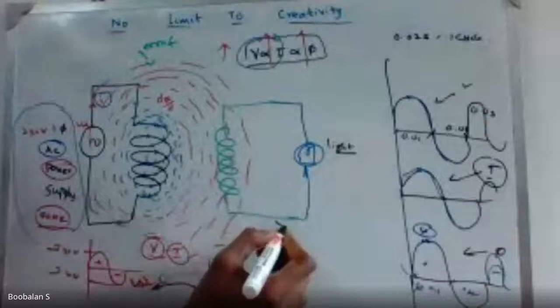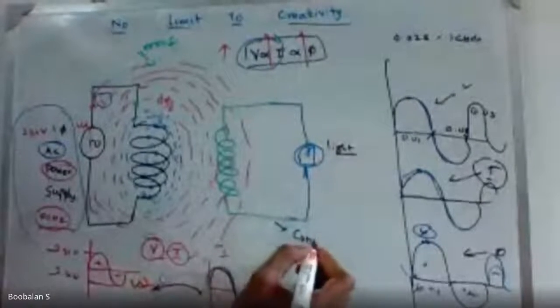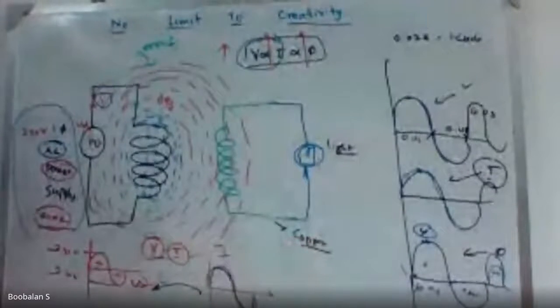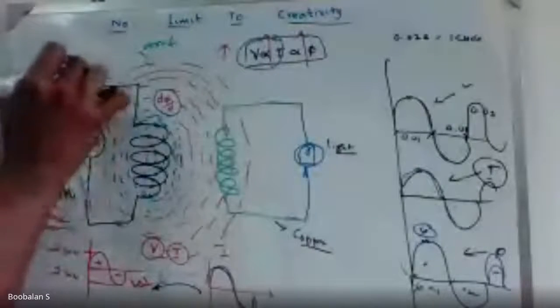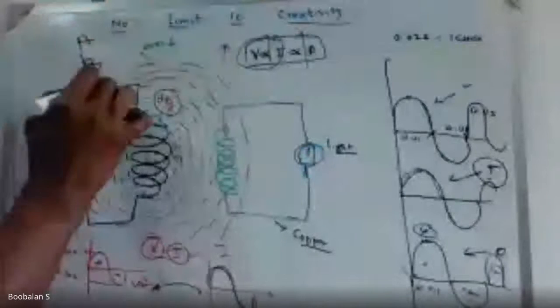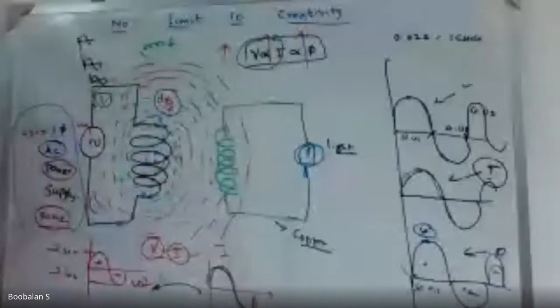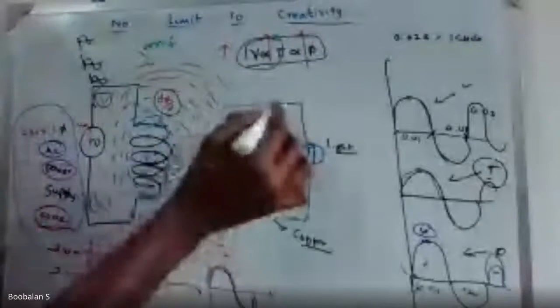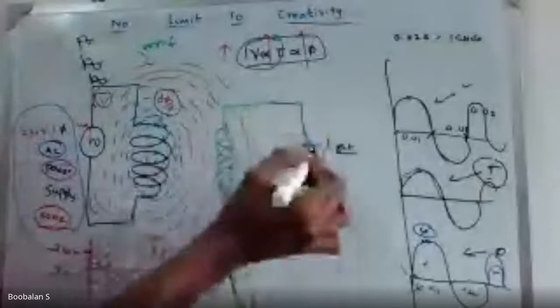This is also made up of copper conductor, right? So d phi by dt is now occurring because of change in current and change in voltage, change in flux lines, right? So d phi by dt is changing every instant. நல்லா வாட்ச் பண்ணீங்கன்னா தெரியும். Now there is a closed path conductor with a light.